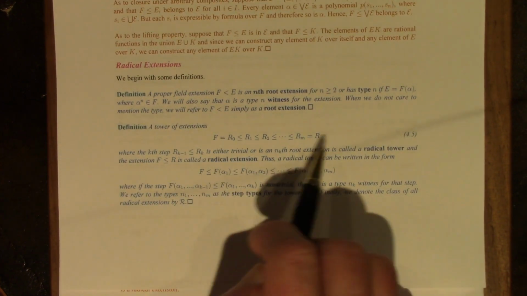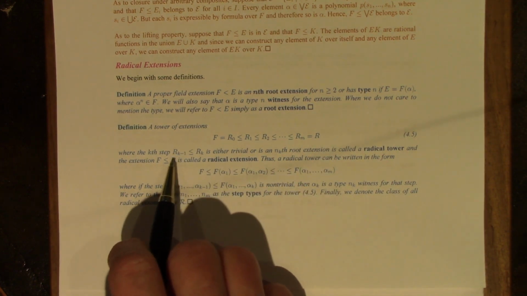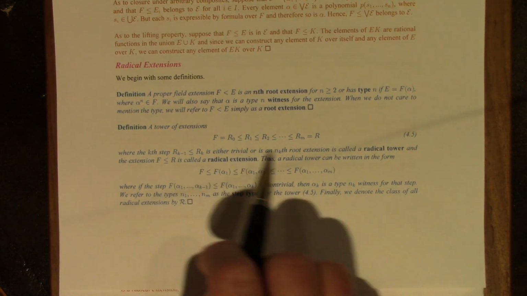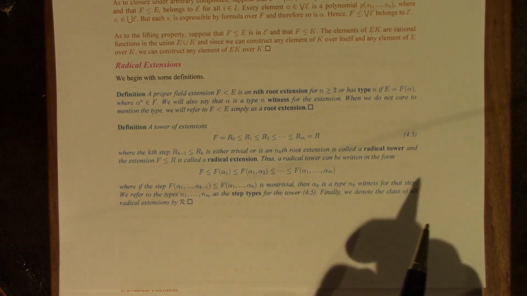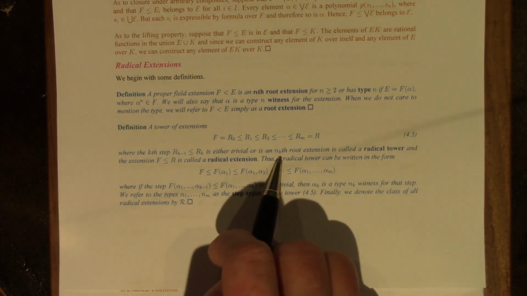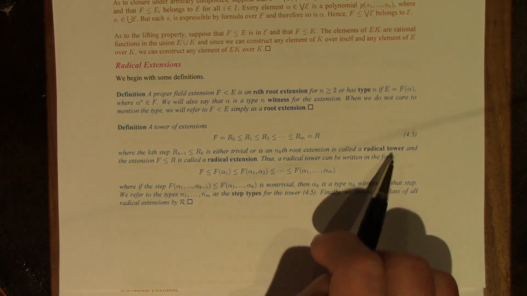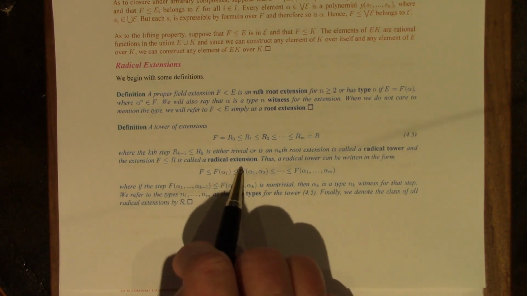A tower of extensions where the kth step, r sub k minus 1 to r sub k, is either trivial or is an nth root extension, an n sub kth root extension I should say, is called a radical tower. And the extension is called a radical extension.